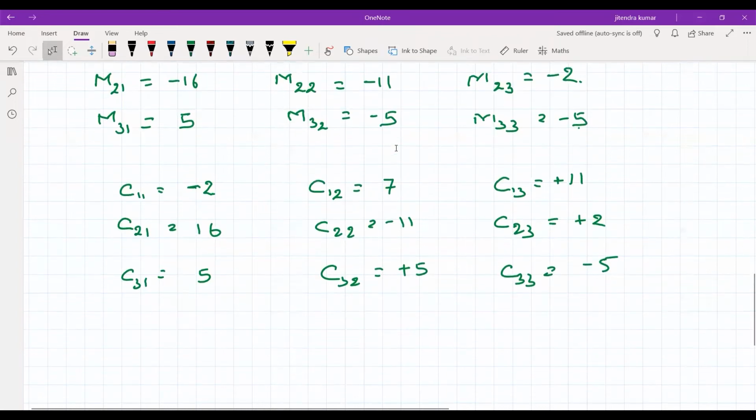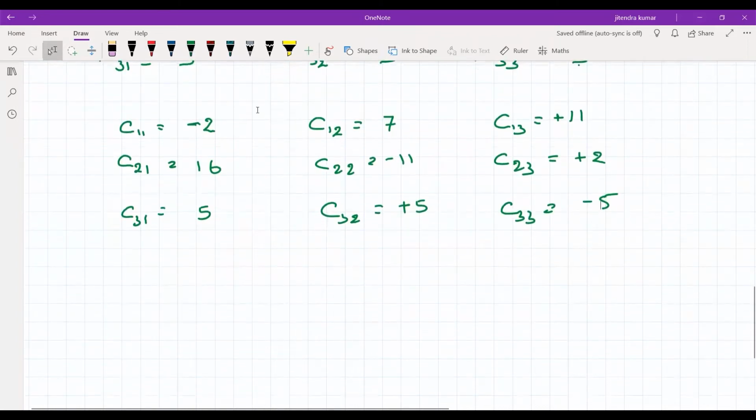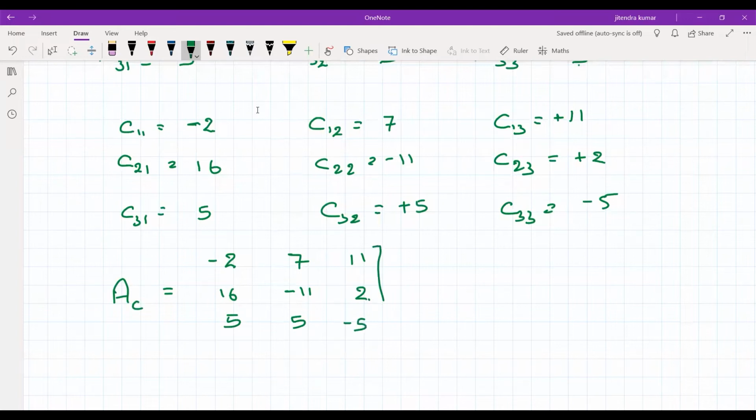Now we have to create a matrix of cofactors. So the matrix of cofactors will be equal to [-2, 7, 11; 16, -11, 2; 5, 5, -5]. So these are our matrix of cofactors.